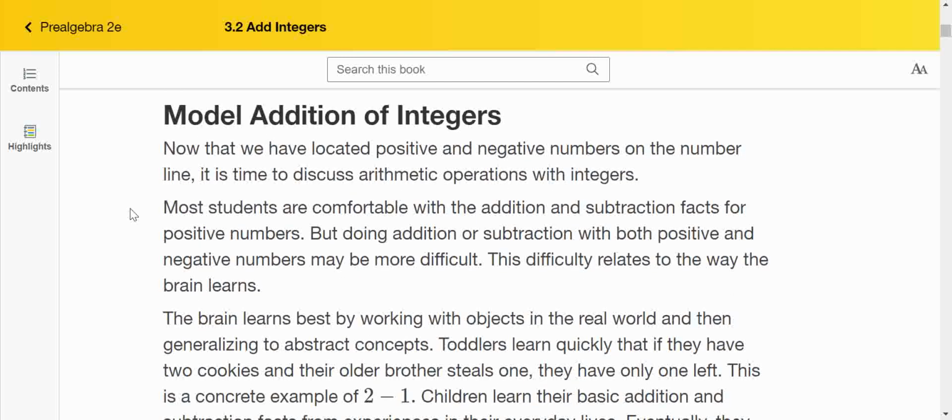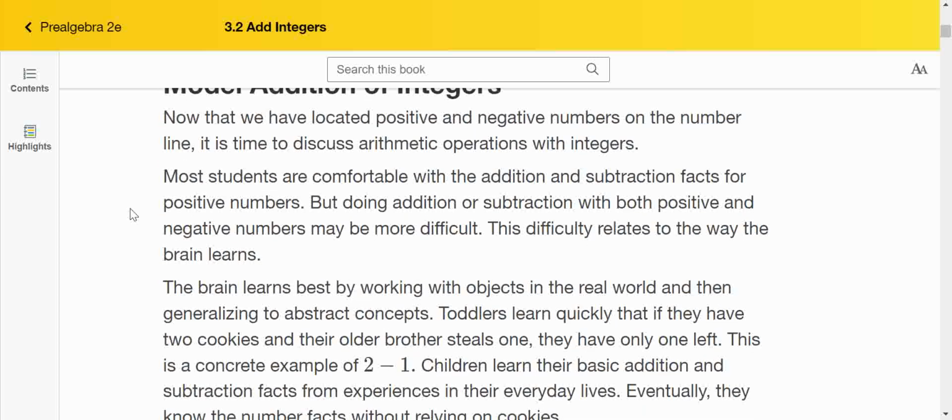Most students are comfortable with the addition and subtraction facts for positive numbers. But doing addition or subtraction with both positive and negative numbers may be more difficult. This difficulty relates to the way the brain learns.